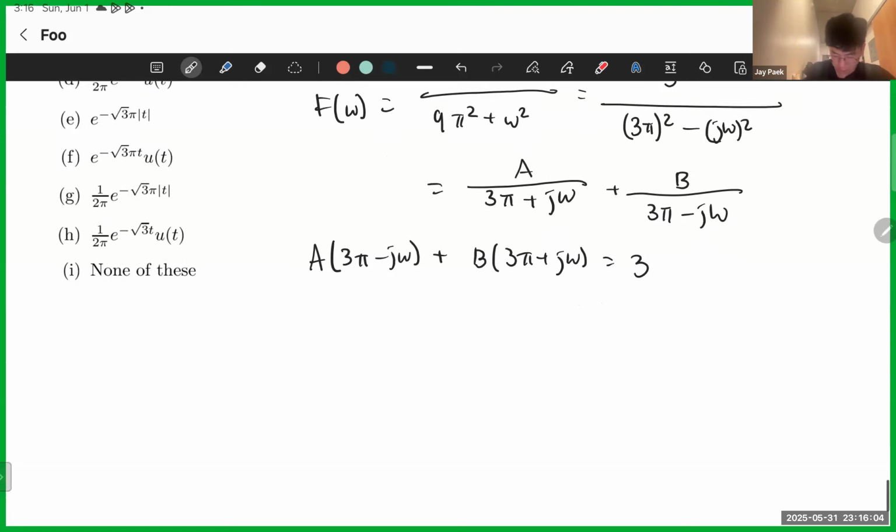And so what this means is that 3 pi times (a plus b) is equal to 3, and a has to be equal to b. Or yeah, I'll just write it out: negative a j omega plus b j omega is equal to 0, which implies that a is equal to b.